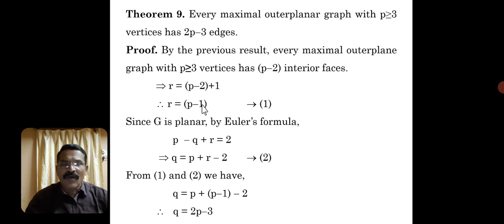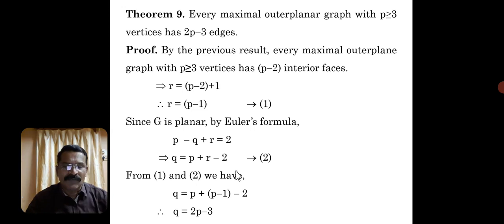Now, as G is planar, because every maximal outer planar graph is also a planar graph, obviously it implies by Euler's formula, if G is a planar graph, definitely p minus q plus r is equal to 2. Again, if I write in terms of q, q is equal to p plus r minus 2.